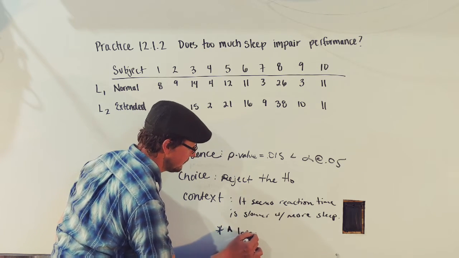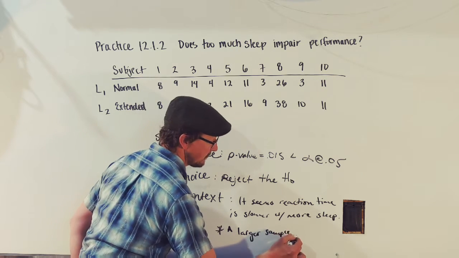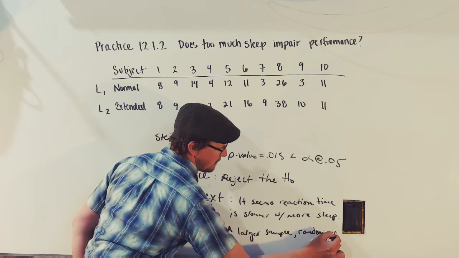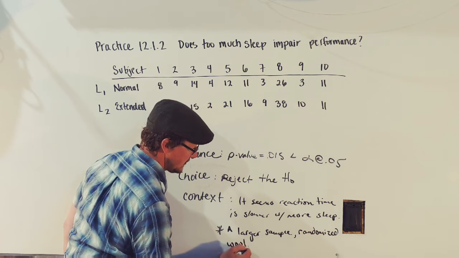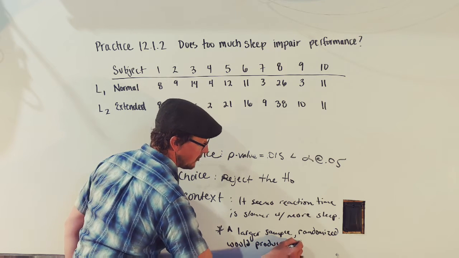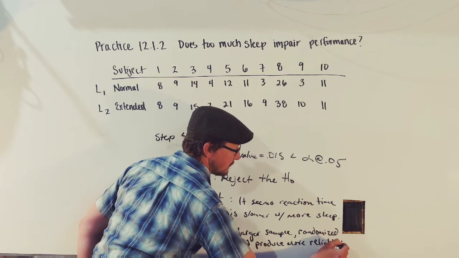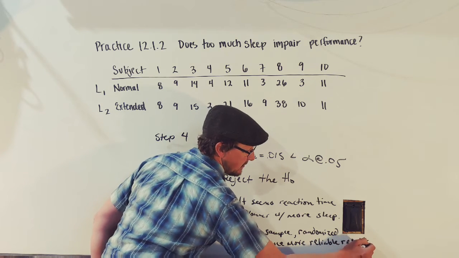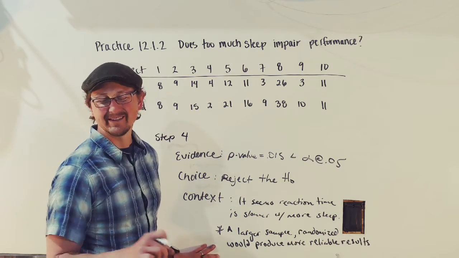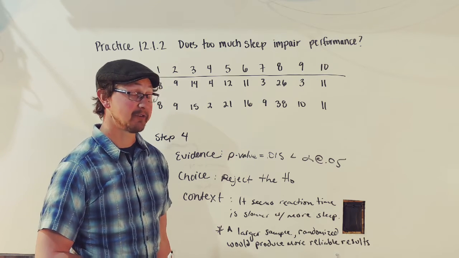A larger randomized sample would produce more reliable results. Or something to that effect. You just want to say, hey, we didn't meet our conditions, so there's some things we could do to tweak this and get better results.